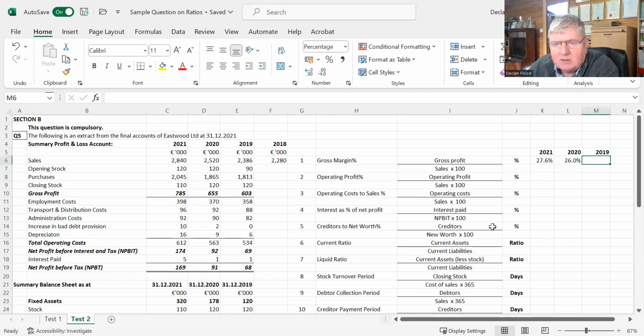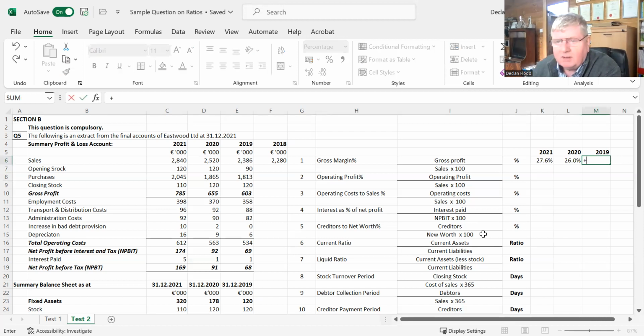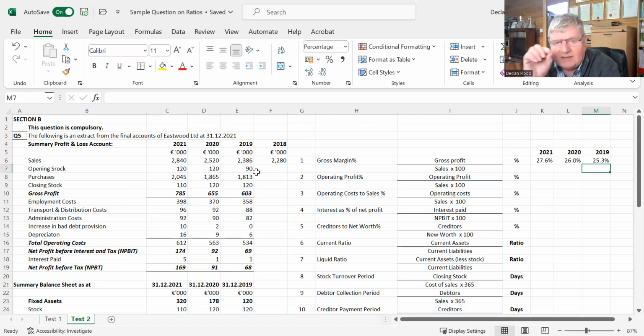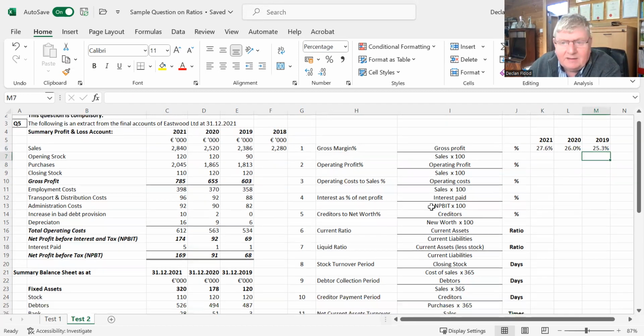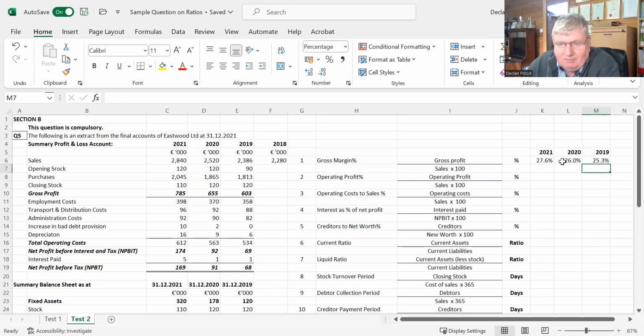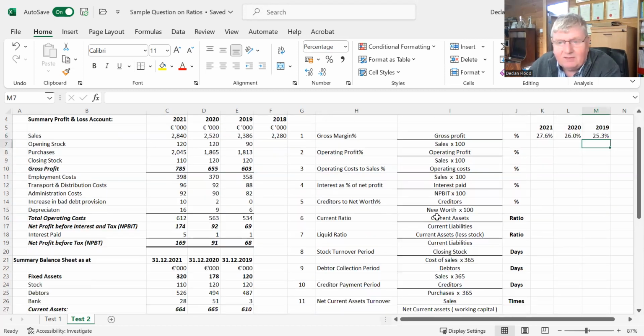And if we want to look at 2019, just take your gross profit and divide it by your sales. So that is all that's involved. It's literally finding the figures in the P&L and balance sheet and calculating it. So that's the sums, and in your assignment, you have to do 36 sums effectively.